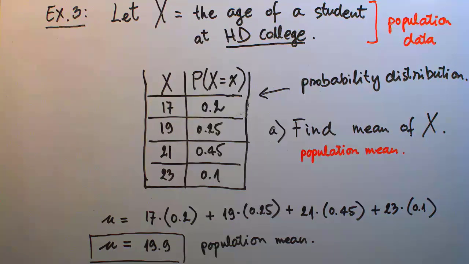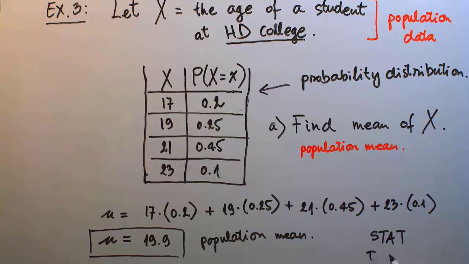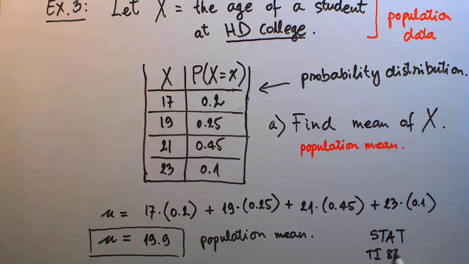Now, before I move on to the next question in the same example, I need to make another note. In a different video a little while ago, I posted an instruction on how to use the stats button with a TI 83 or 84 calculator.